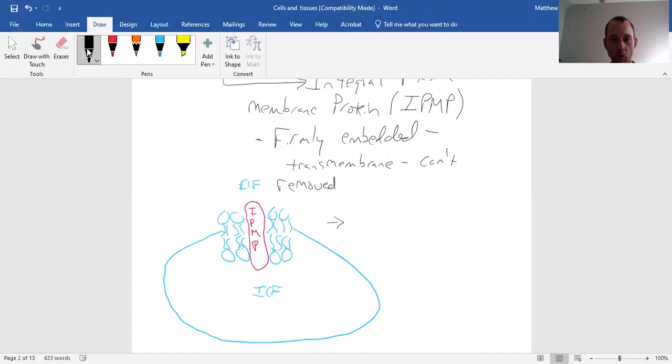So the next category of proteins is a peripheral plasma membrane protein. All right, I'm not writing the whole bit. We'll call those a PPMP, a peripheral plasma membrane protein. All right, peripheral plasma membrane proteins are only loosely embedded in the membrane.